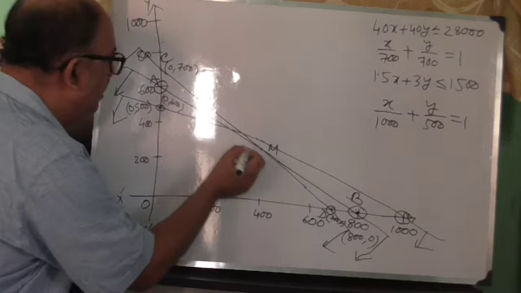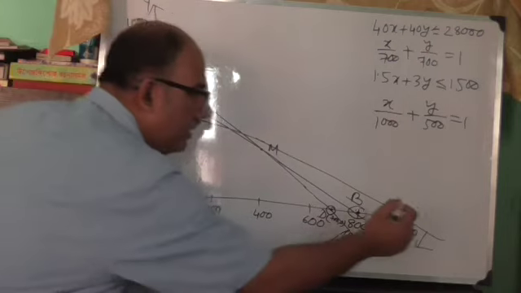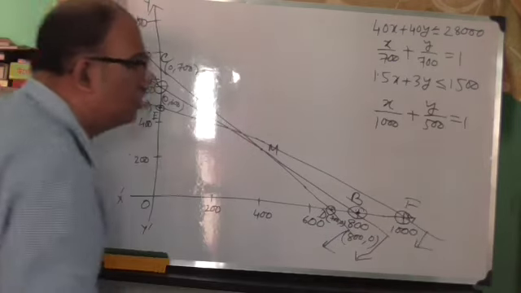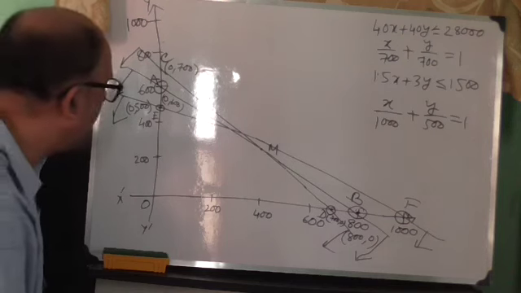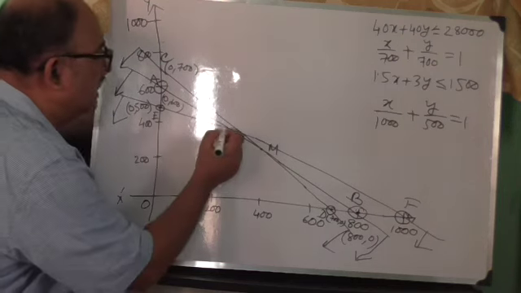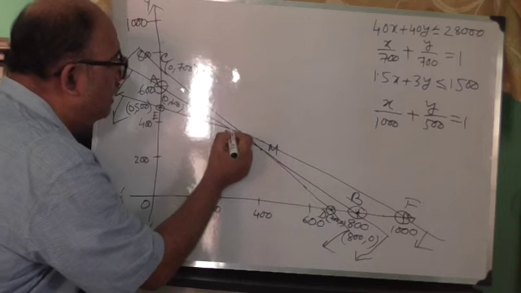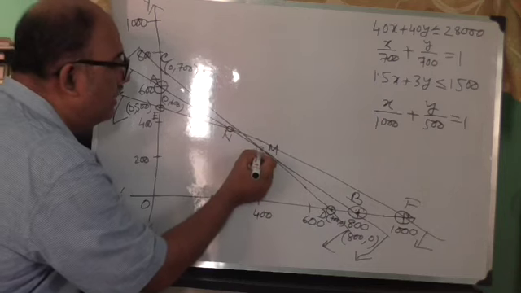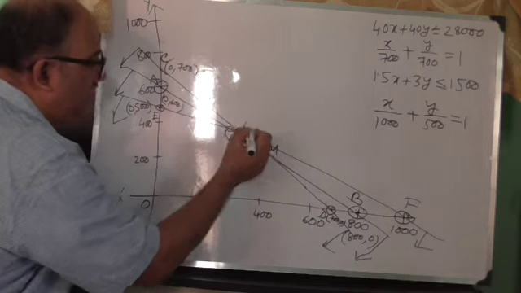So I put the third equation, let me name this as E and F. The third equation we name as EF, and the intersection I'm naming as N, this point is M, and say this point is L.